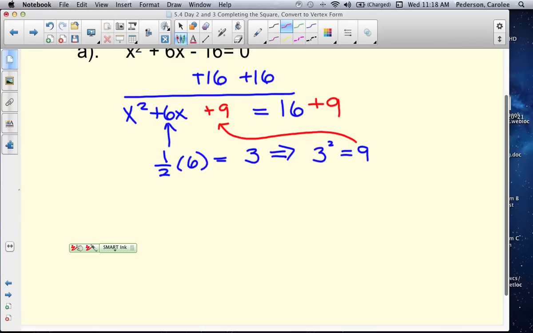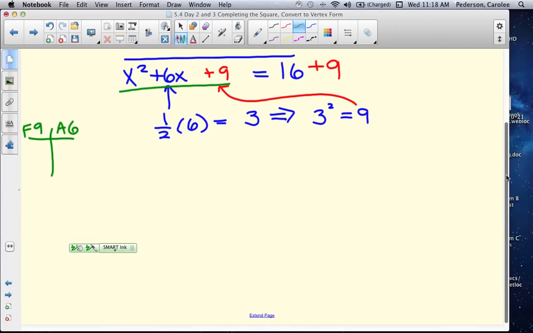Now we're going to go ahead and factor this left side. If we use our T-chart, which most of you probably aren't writing down now, you're probably doing it in your head. You say, what are the factors of 9 that add to 6? Well, the factors of 9 that add to 6 are 3 and 3.